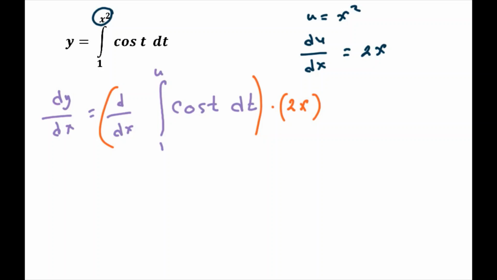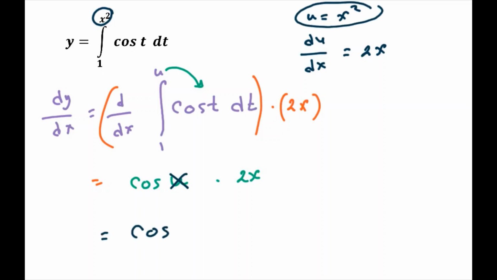For this one we're going to plug in u, so it's going to be cosine u multiplied by 2x. I should have x squared, so cosine x squared times 2x, and we should write it as 2x cosine x squared.